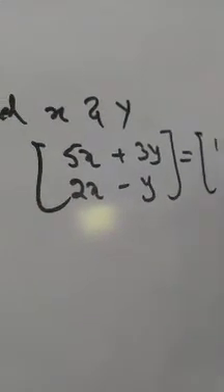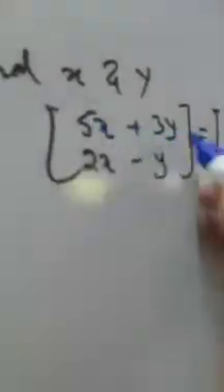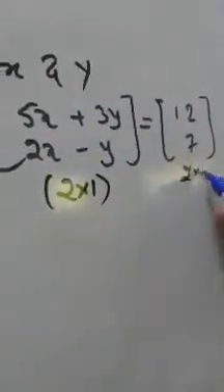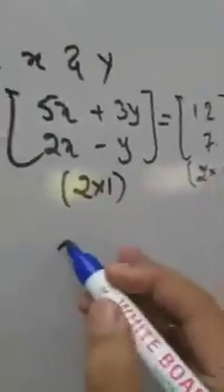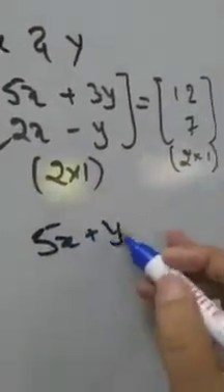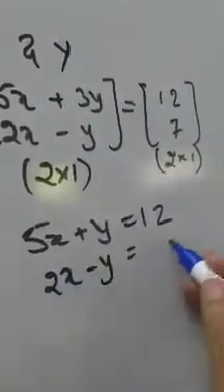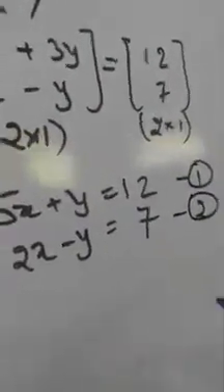So this is 2 by 1 matrix. This is also 2 by 1 matrix. So they are equal given. So corresponding elements will be equal. So I will write directly 5x plus 3y is equal to 12 and 2x minus y is equal to 7. This I mark as equation 1, this I mark as equation 2.